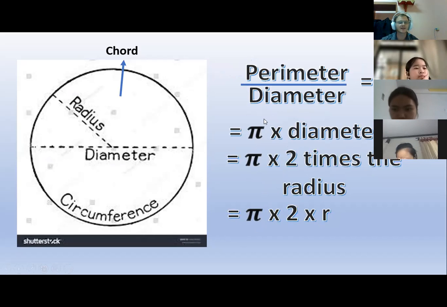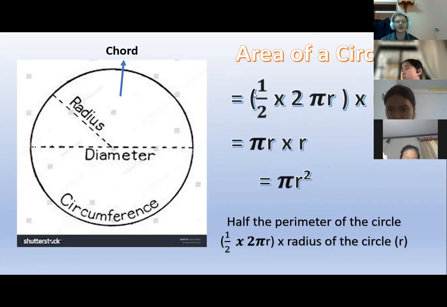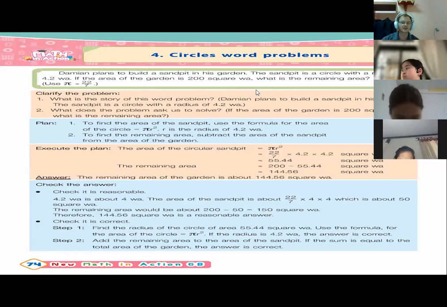We also looked at the different parts of a circle: the radius, the diameter, the circumference, and the chord. And then we looked at how to calculate the area of a circle. We will have to use these two formulas today while we are practicing.